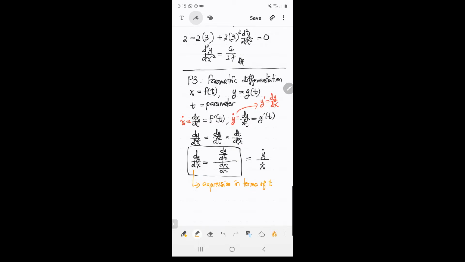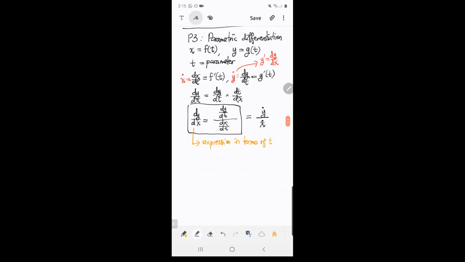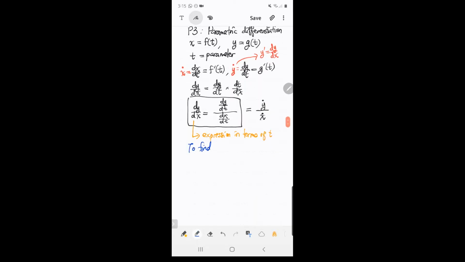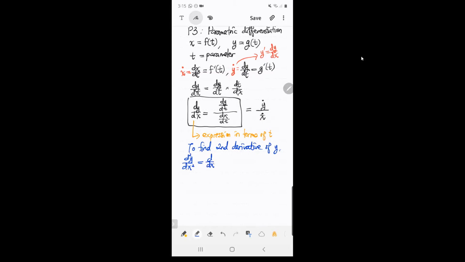Okay, so if I want to find d2y/dx2, now d2y/dx2 means the differentiation, the second derivative of y. Just now I told you d2y/dx2 basically means the differentiation of dy/dx with respect to x.